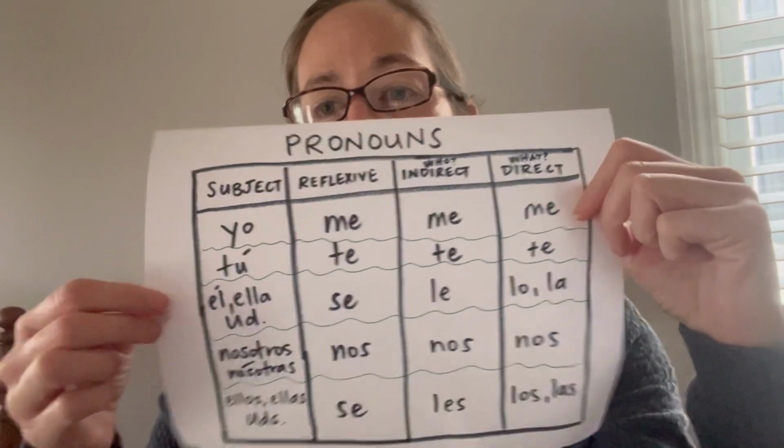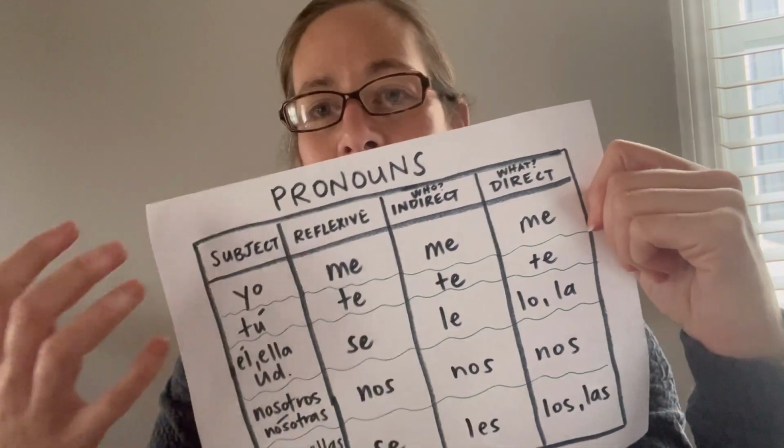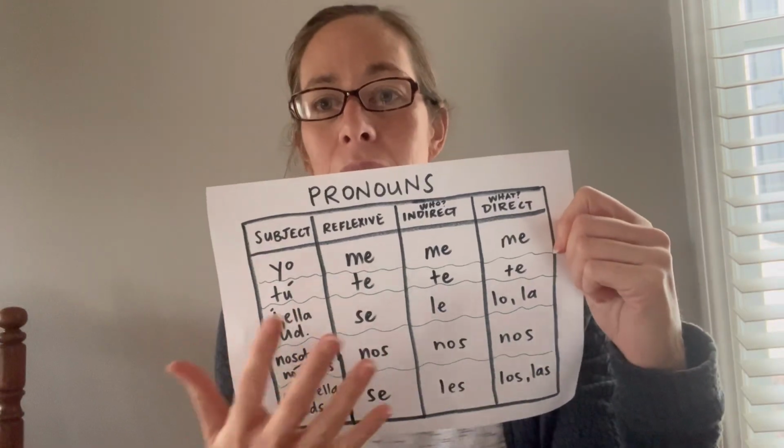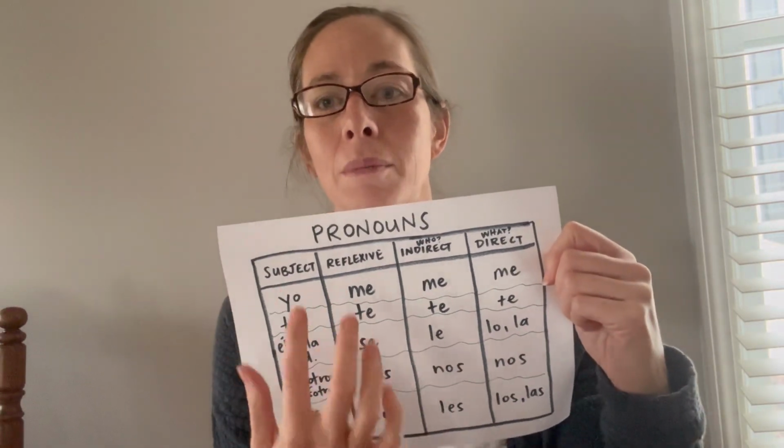If there's time left in class after you finish these other exercises today, you can start working on it together with your table mate, and we can go from there and be able to use what we know about object pronouns. But this right here, this is what I want to see when I come back. I want to see that everybody has this big chart, all right? Keep it somewhere where you can look at it because it's a great reference to remember how things go.